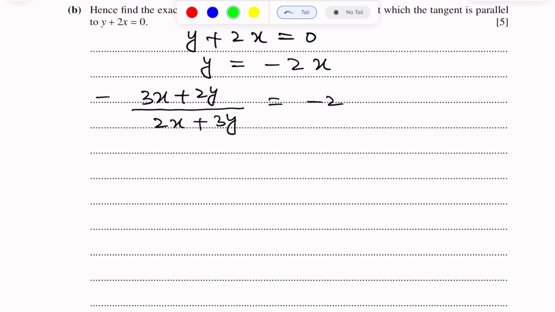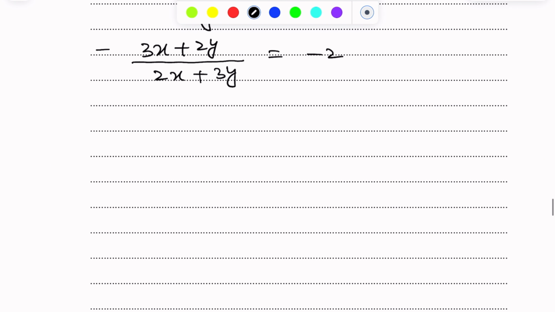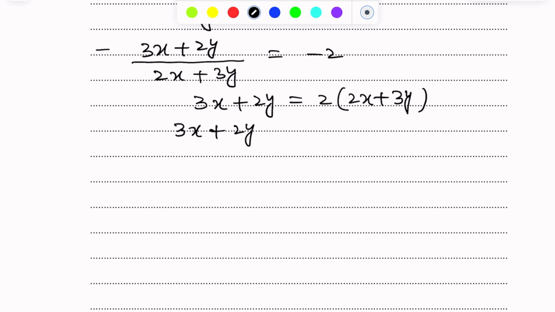Cancellation of negative signs. Simplifying, by cross multiplying we get 3x plus 2y is equal to 2 into (2x plus 3y). Further simplifying, 3x plus 2y is equal to 4x plus 6y.